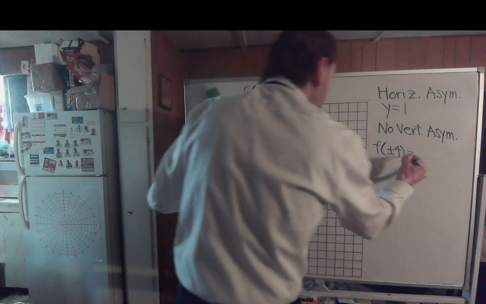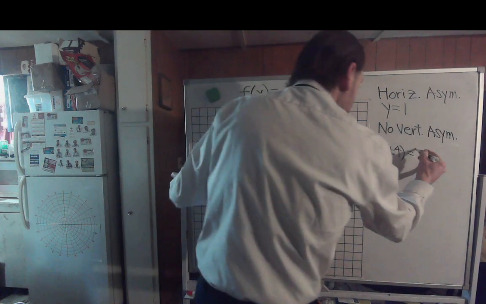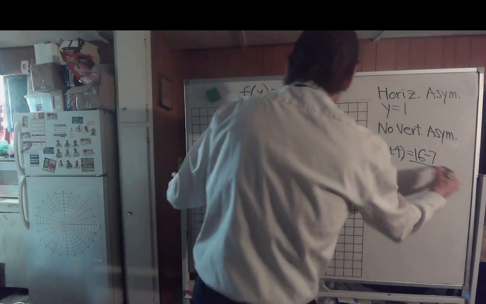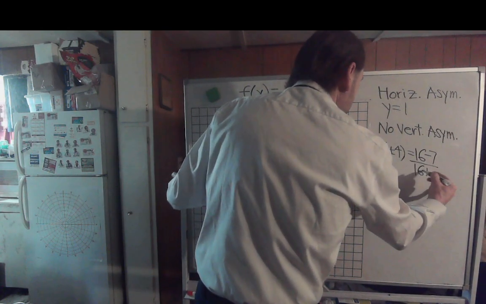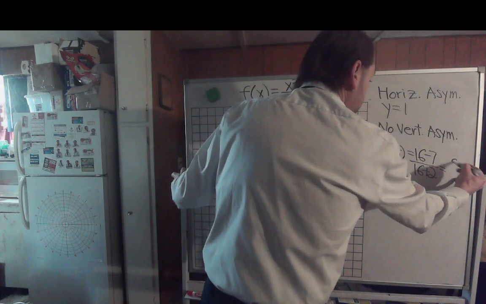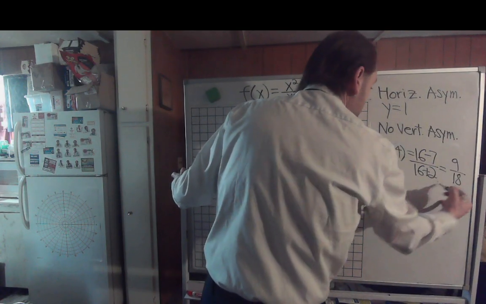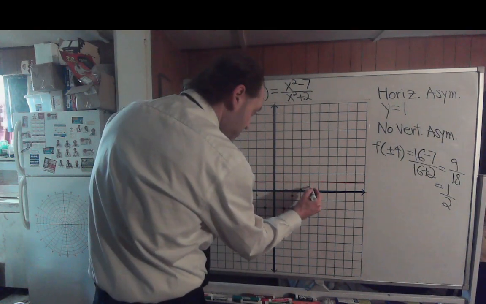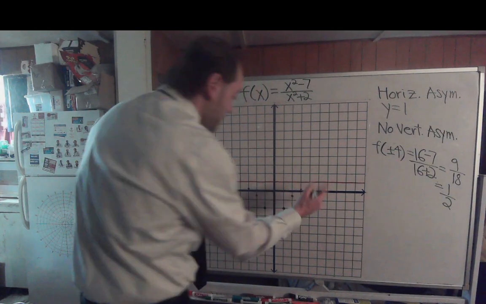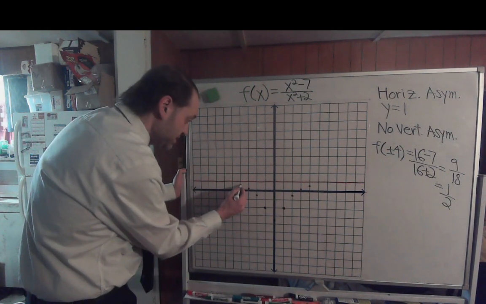So let's do f of plus and minus 4. On both counts, you would get 16 minus 7 divided by 16 plus 2, which would end up giving you 9 over 18, which we know is 1/2. So when x is positive 4, you get positive 1/2. When x is negative 4, you also get positive 1/2.